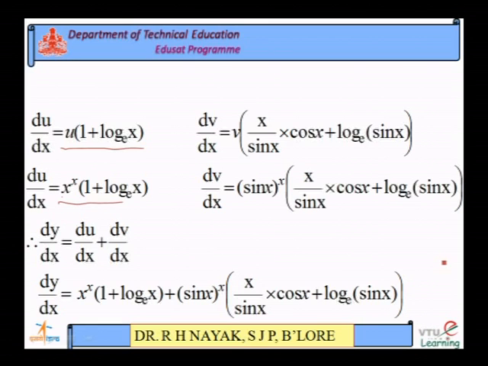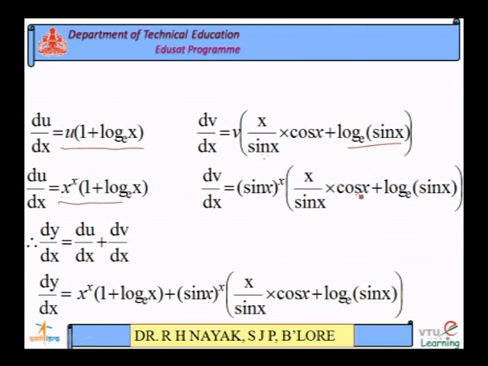See, x into cos x by sin x plus log of sin x. So, cos by sin is taken as cot, that can be taken, or otherwise you can keep it as it is. So, finally, we have to find dy by dx.